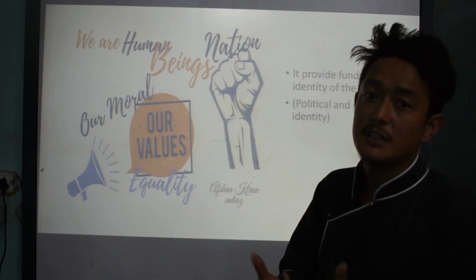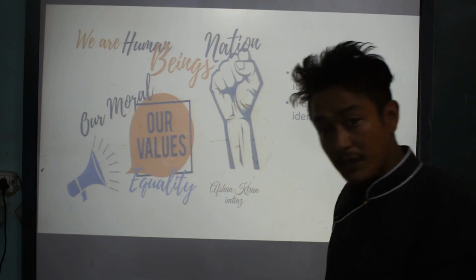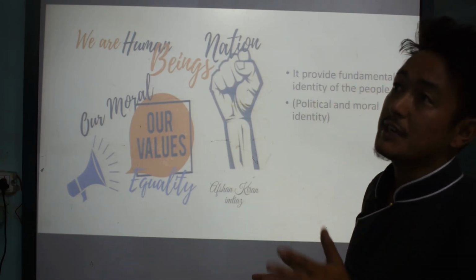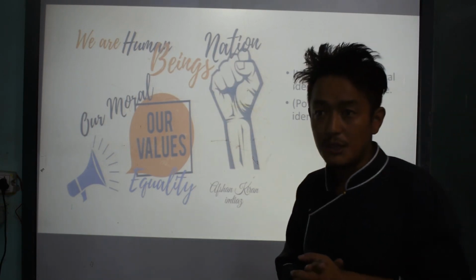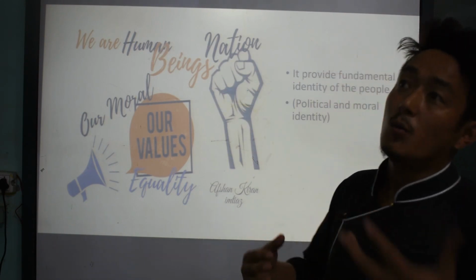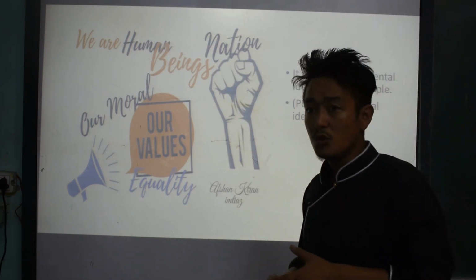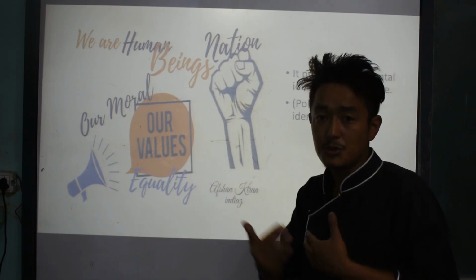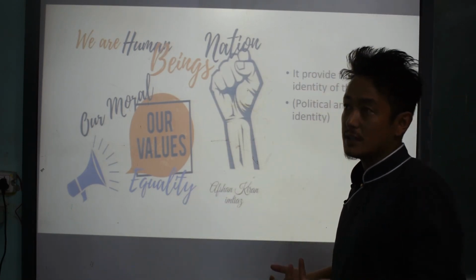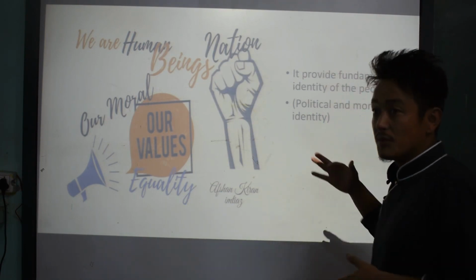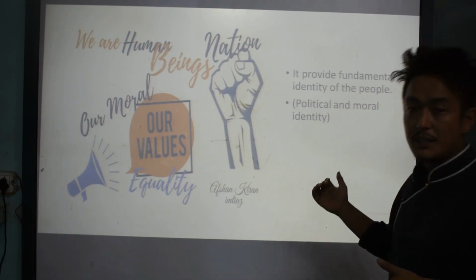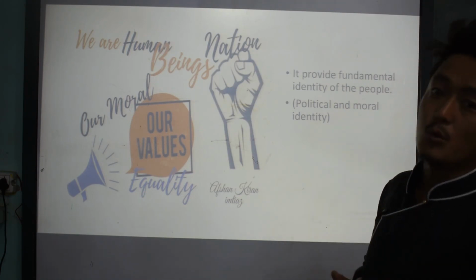You have numerous identities you identify yourself with, but after you decide to respect the constitution of the country, you will get a certain identity, that is, a political identity. Once you decide to respect the constitution, you will get certain rights that you can enjoy in a society, right? There are certain political rights, and not only political, you will also get a moral.